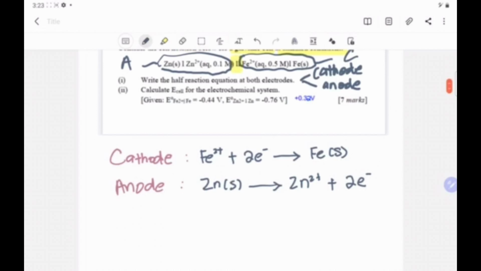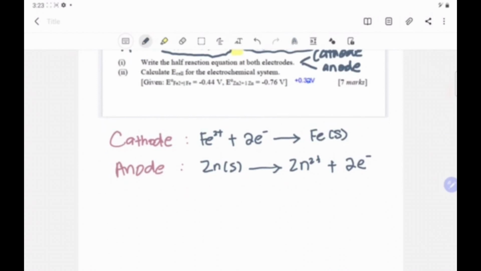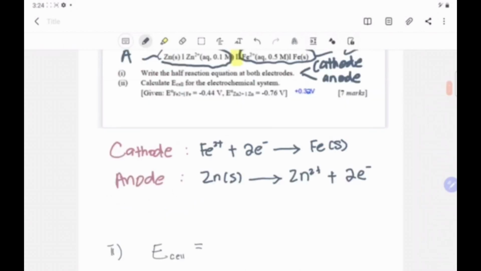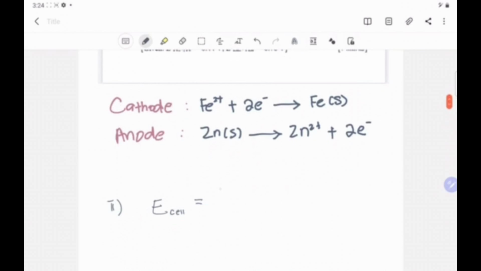All we need to do is know the equation. This is the equation for E cell: E cell equals E for the cathode minus E for the anode.